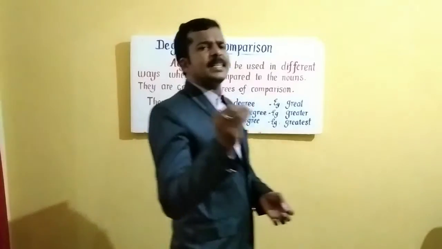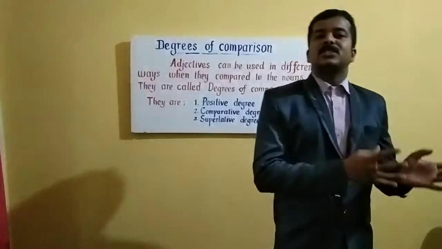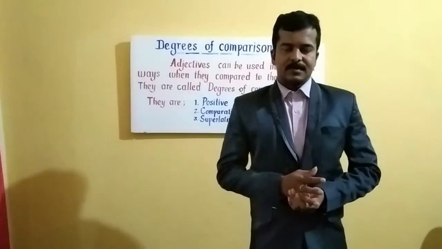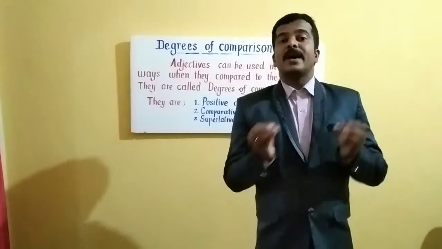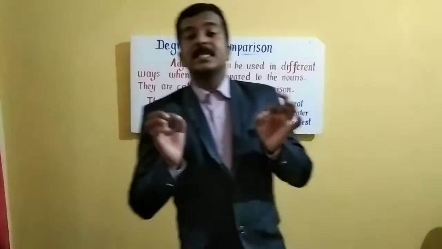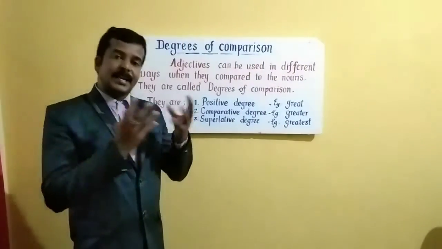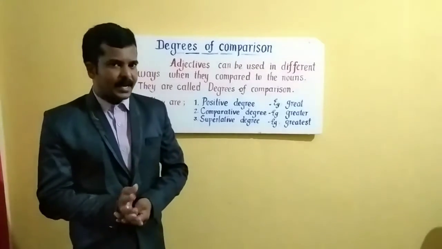It is very easy to find the comparative and superlative form if the positive form is given. If you are able to identify the number of syllables in the given adjective, you can easily identify the comparative form and the superlative form.